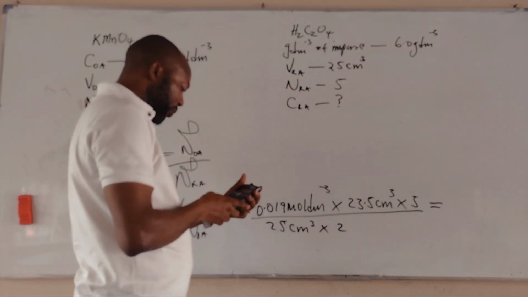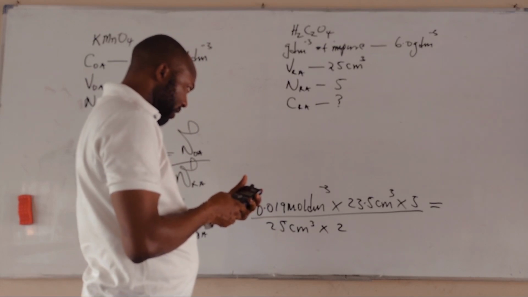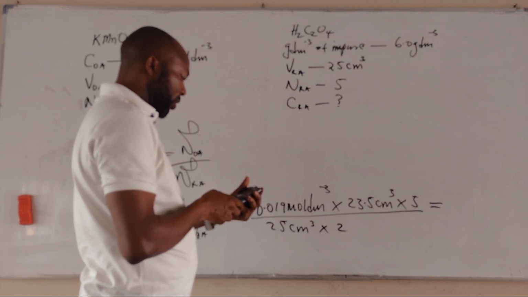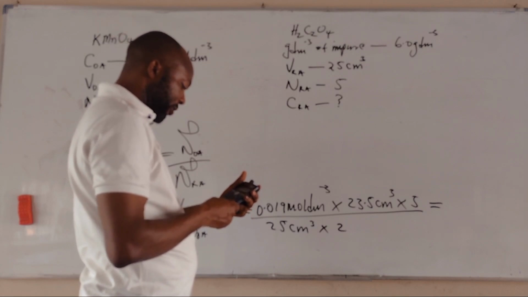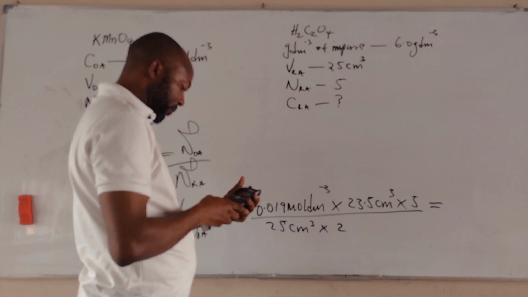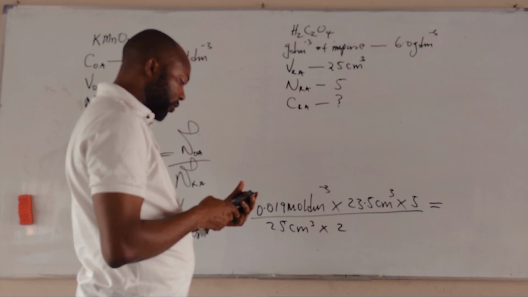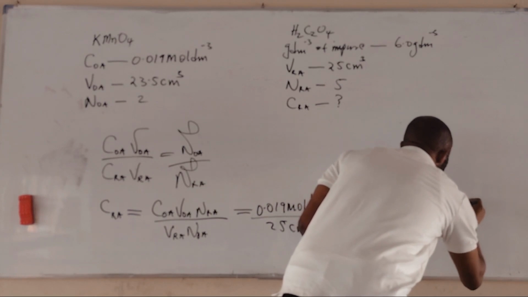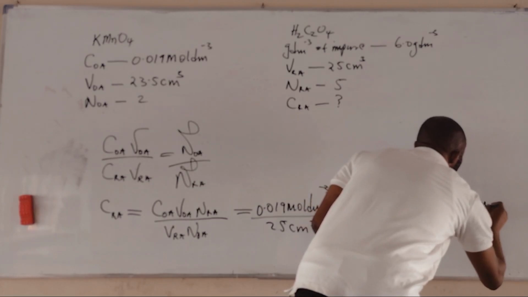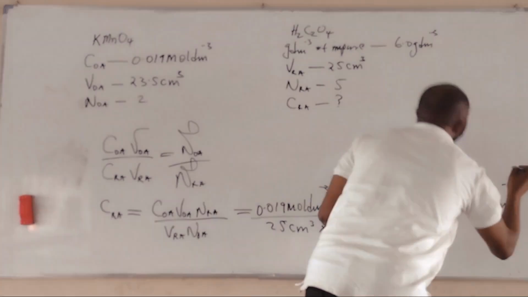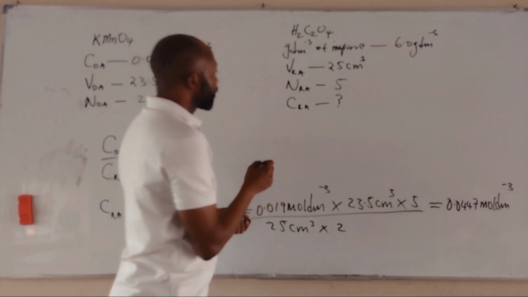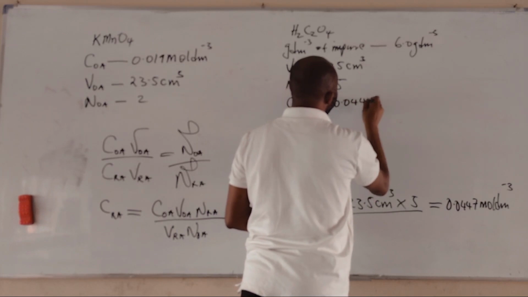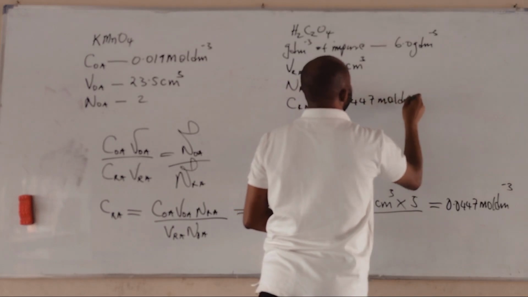So we have 0.019 times 23.5 times 5 divided by 50, which is 0.0447 mole per dm cube. So the concentration of the reducing agent now is 0.0447 mole per dm cube.